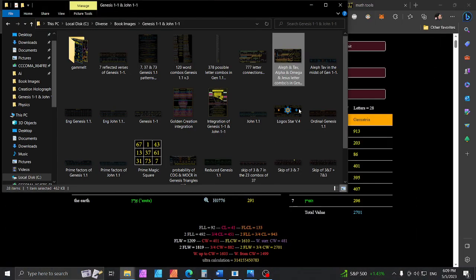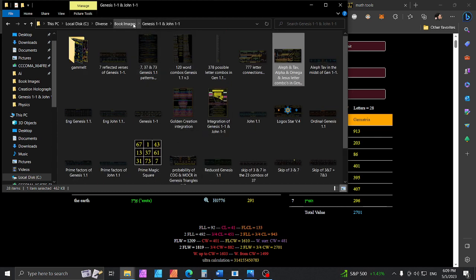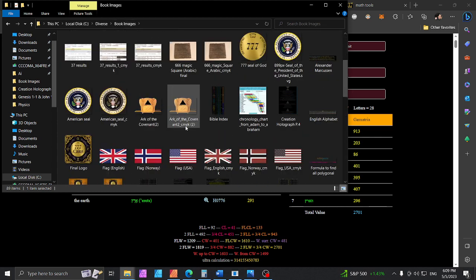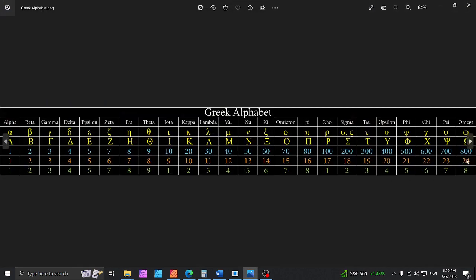And I know I forgot to show the numerical values of the Greek alphabet, so I'm just going to do it right now. I have it on audio video, but it's important because this is the Jesus codes. So here is the Greek alphabet with the standard, ordinal, and reduced values again.